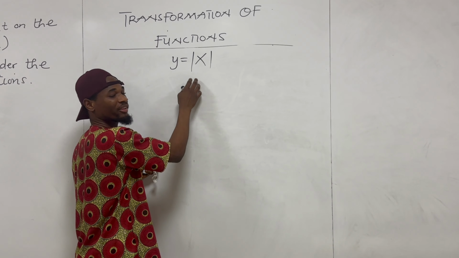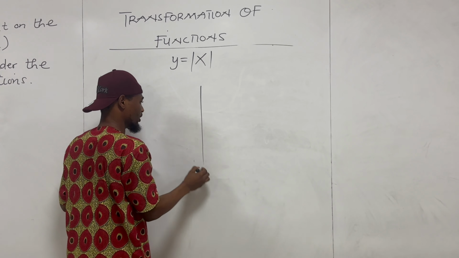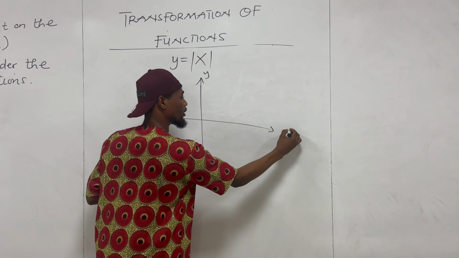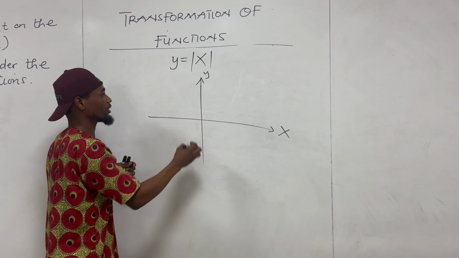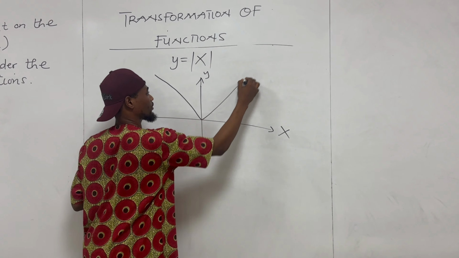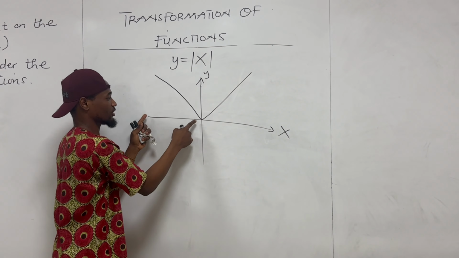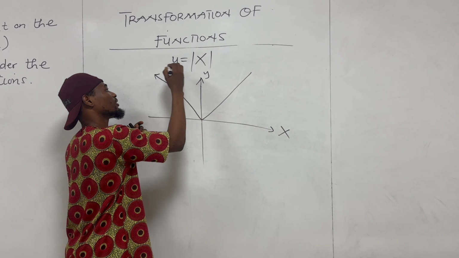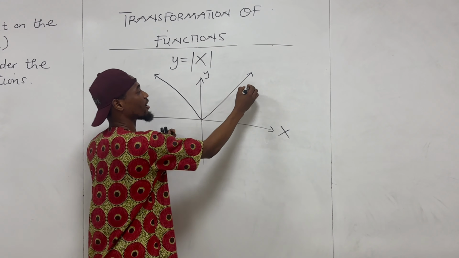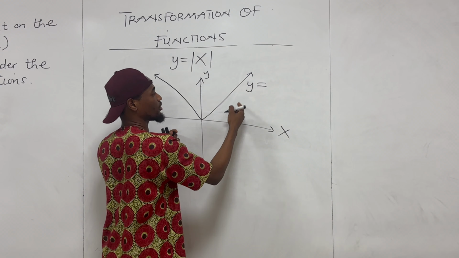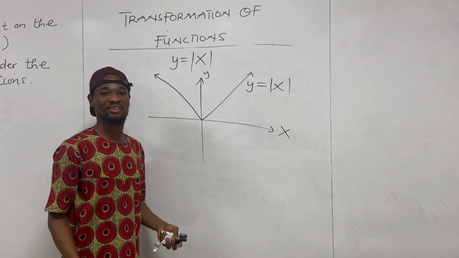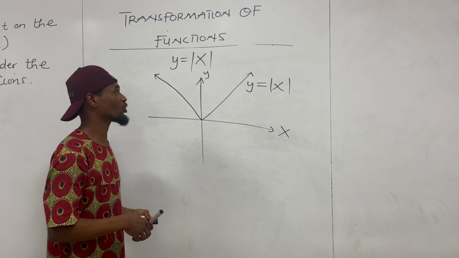The graph of this becomes, you have your xy plane, then it becomes something like this, to the origin, then away from the origin. So this is the graph of y is equal to the absolute value of x.